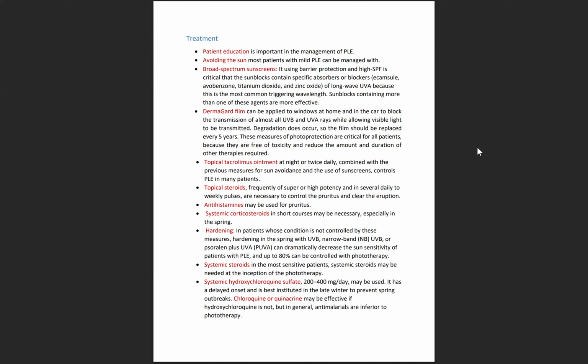These measures of photoprotection are critical for all patients because they are free of toxicity and reduce the amount and the duration of other therapies required. We can use topical tacrolimus ointment at night or twice daily combined with the previous measures for sun avoidance. And the use of sunscreen controls polymorphous light eruption in many patients.